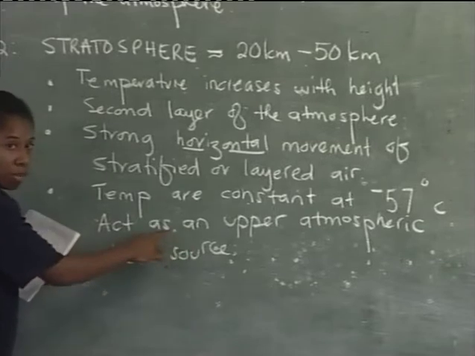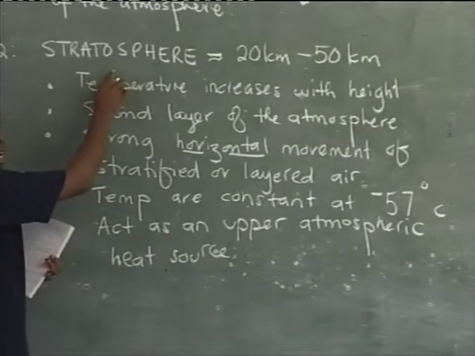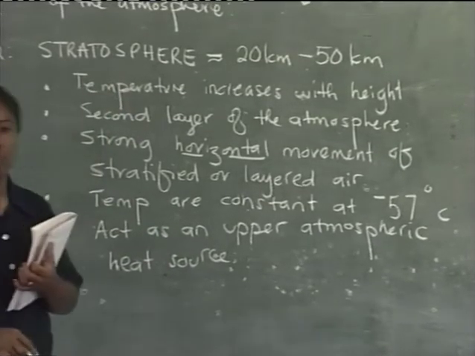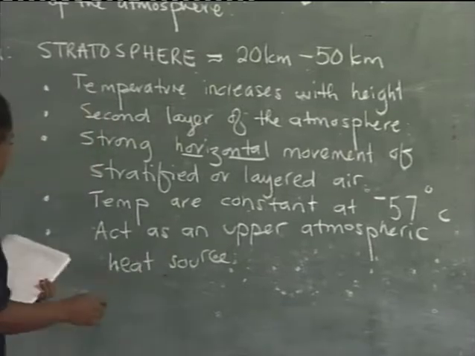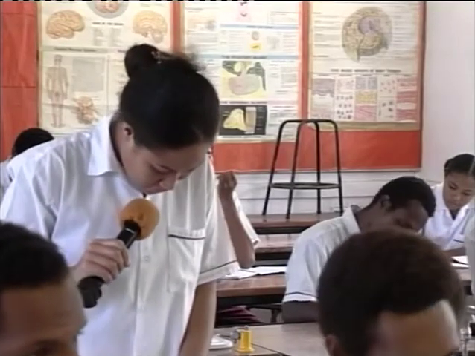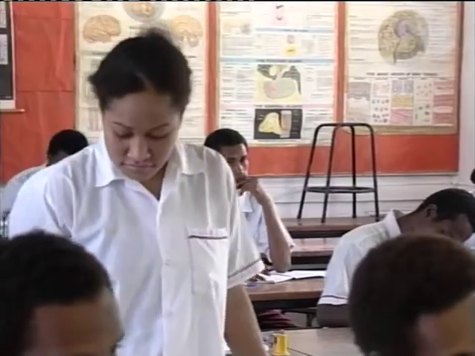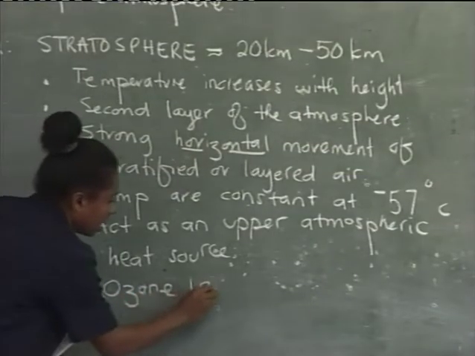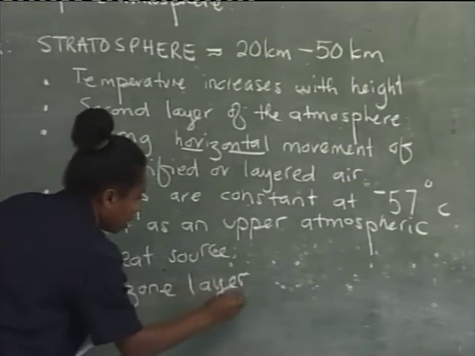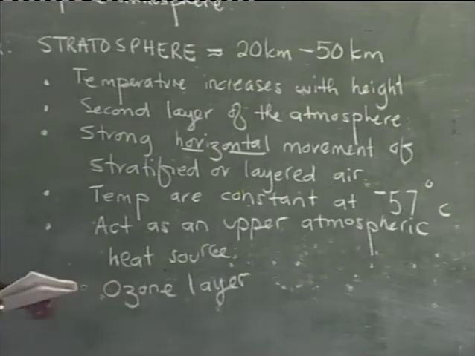Okay, and that is also an important characteristic of the second layer of the atmosphere, which is the stratosphere. Shelley? The ozone layer. Okay, very good. It contains this important layer, which is known as the ozone layer.